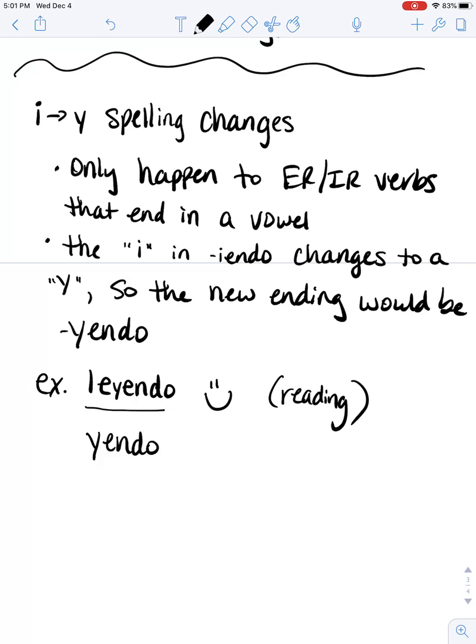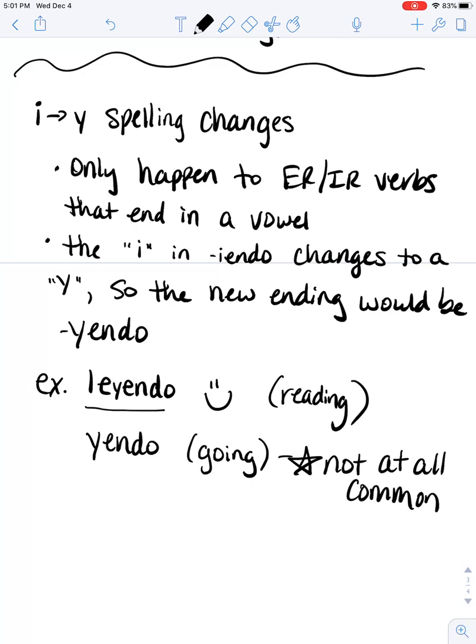All right, which would be going. Although this is not at all common. Even though it's grammatical, you're not going to hear it. It just doesn't get used. All right, I'm just pointing it out to your attention.